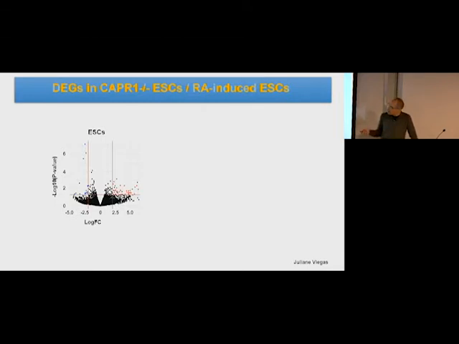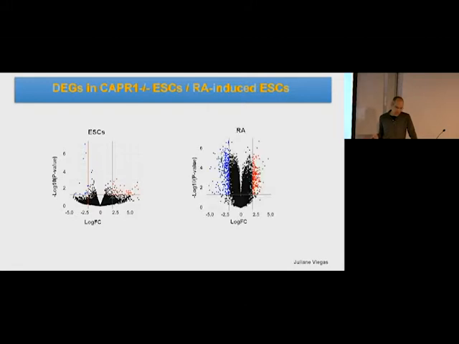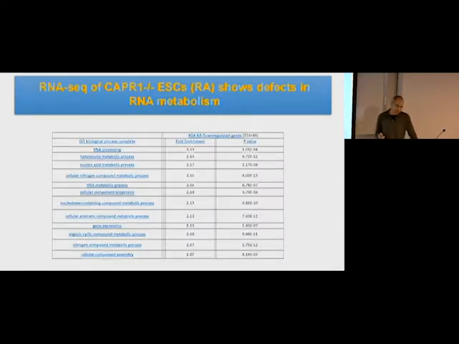We also did RNA-Seq to see what's going on. In undifferentiated cells, very few changes. In early differentiating retinoic acid-induced cells, very large changes. Again, suggesting that retinoic acid is really required somewhere during early differentiation of embryonic stem cells.